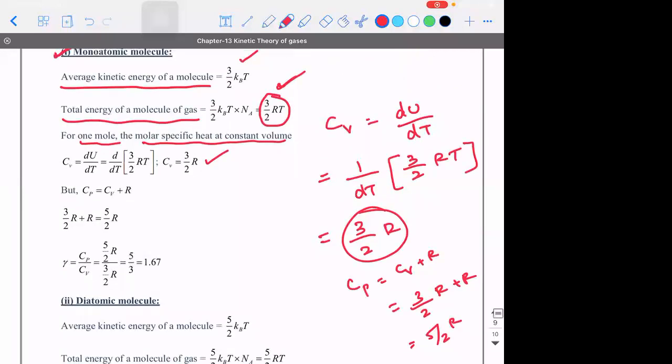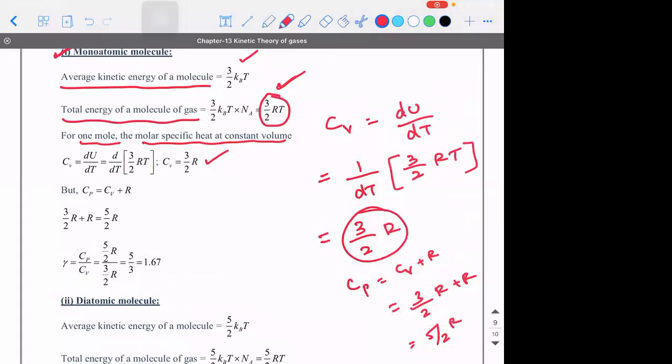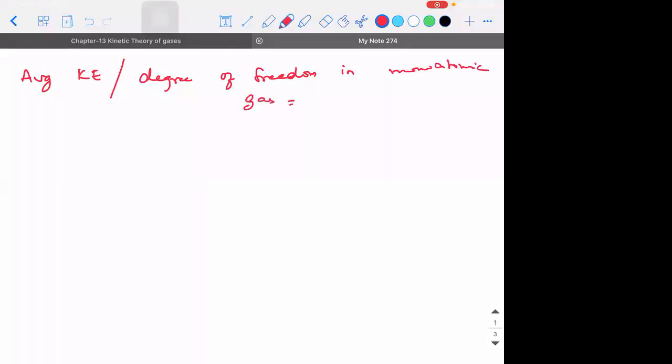Is there any doubt? Is there anything you want me to explain? Listen. What is the average kinetic energy per degree of freedom in a monoatomic gas? Is it not half into kB into T?